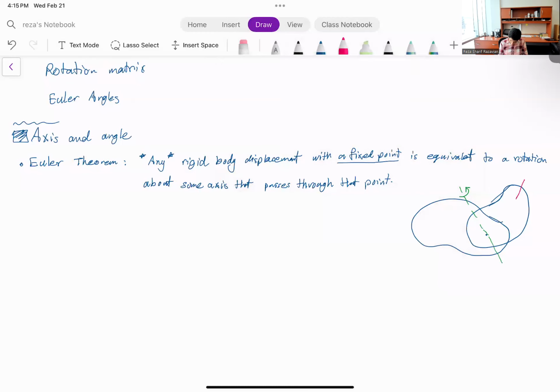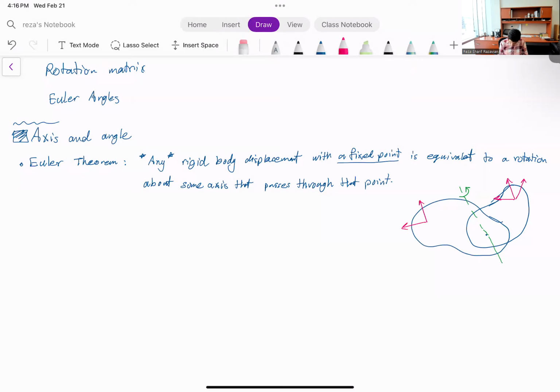So if I also fix a reference frame to the body, this is my body fixed reference frame, it probably rotates and becomes, I don't know, that. They look too similar. Let me change it.